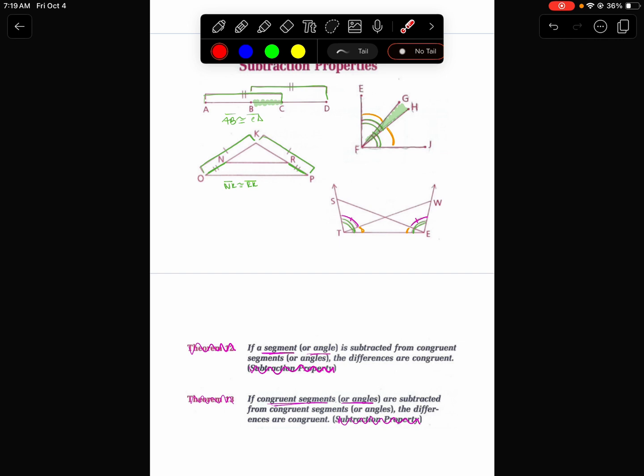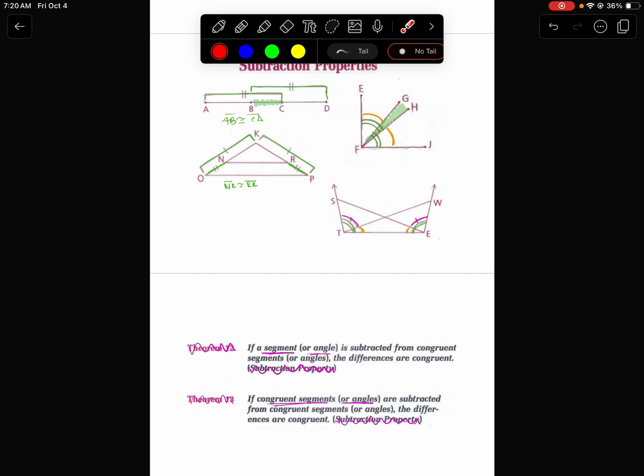Here, if an angle is subtracted from congruent angles, the differences are congruent. The bottom theorem: if congruent segments are subtracted from congruent segments, the differences are congruent. And this one: if congruent angles are subtracted from congruent angles, the differences are congruent.